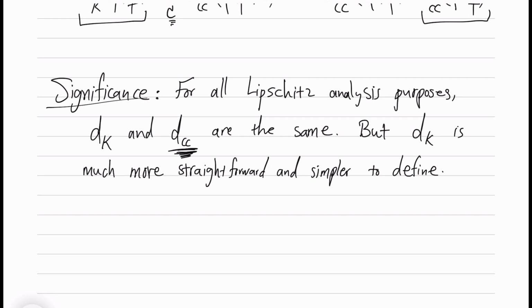They bypass all of that and immediately define the metric by this dk, and maybe mention that it is bi-Lipschitz equivalent to the homogeneous distance, to the Carnot-Caratheodory distance.